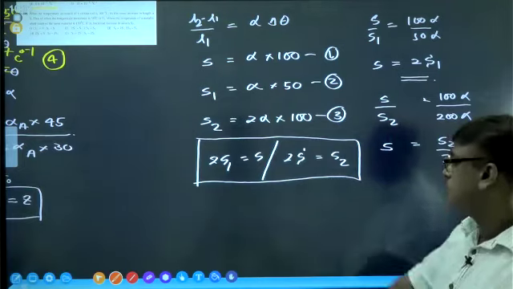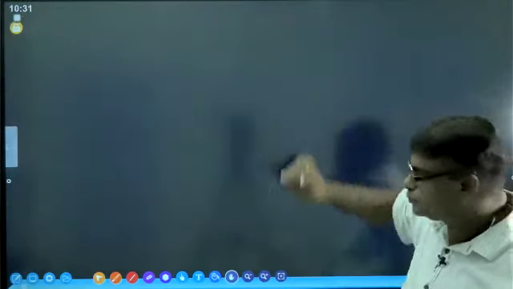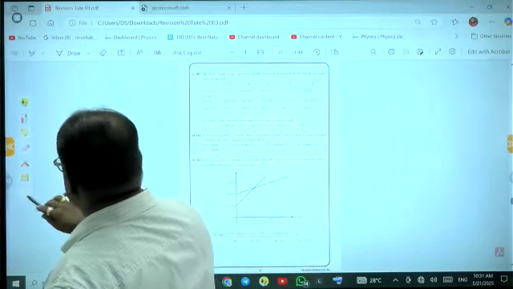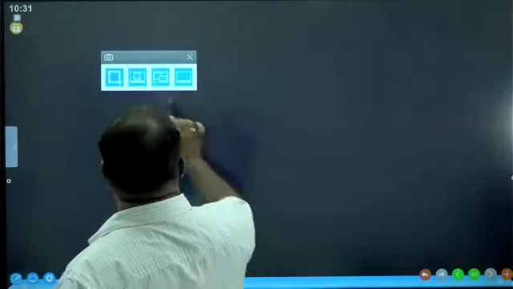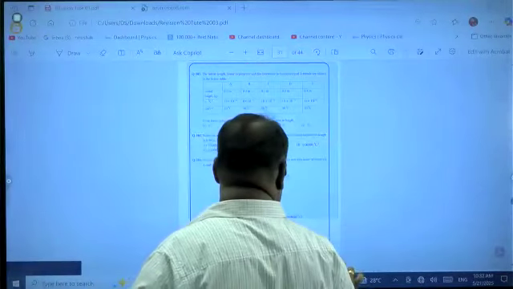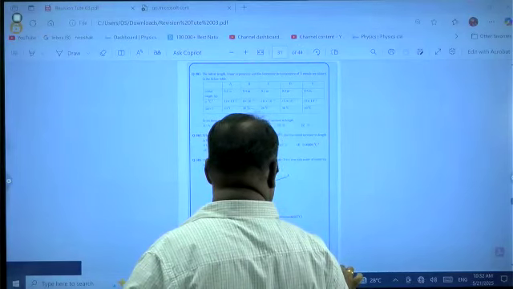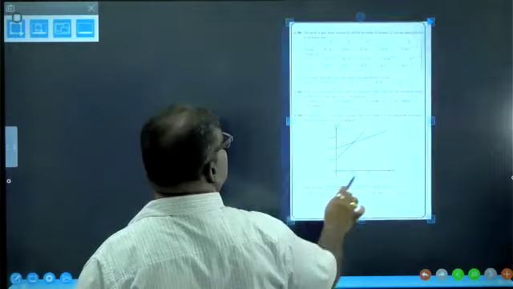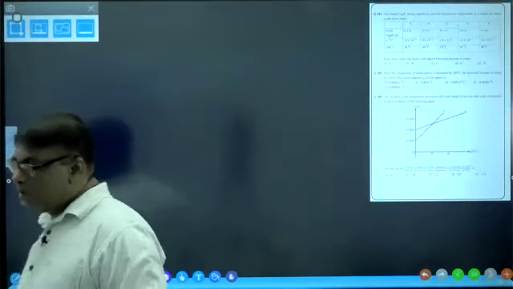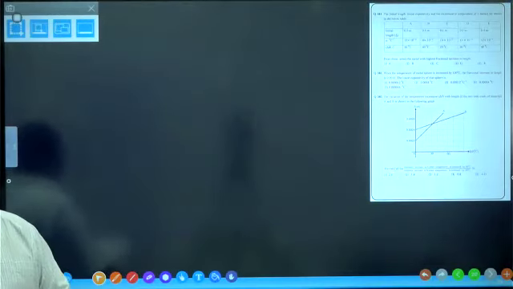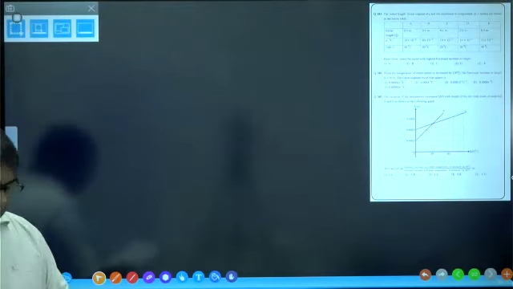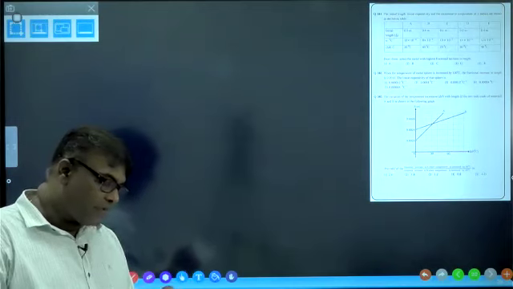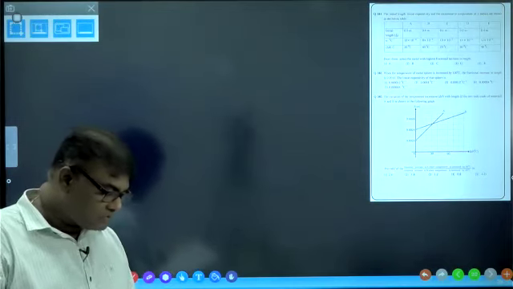Okay, 381. Next. The initial length, linear expansivity and increase in temperature of 5 metals are shown in the figure.